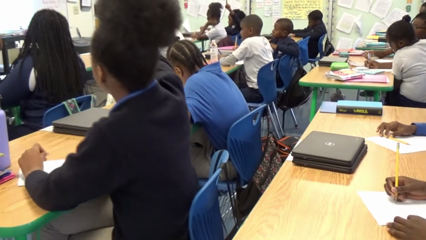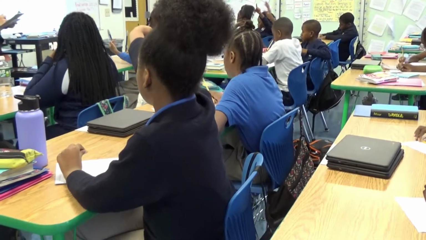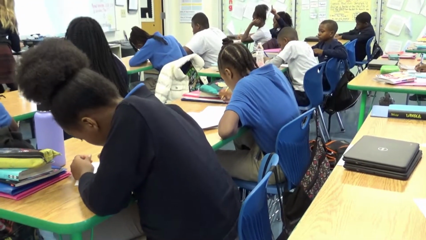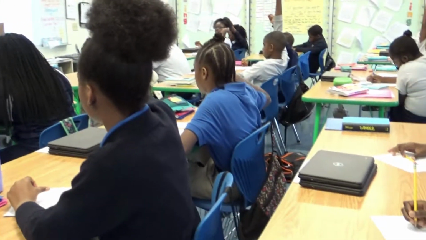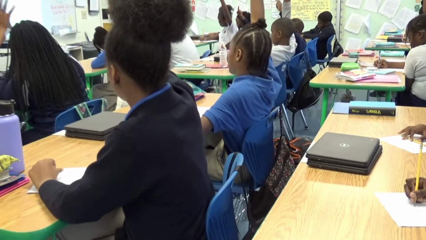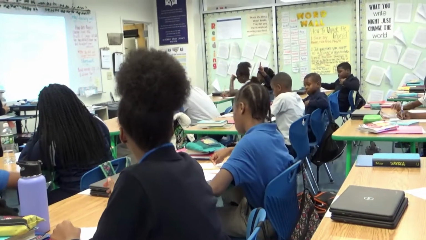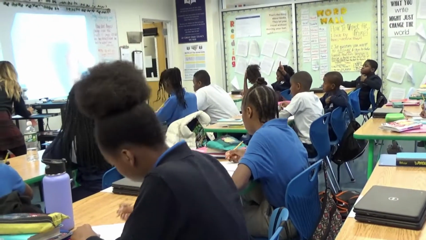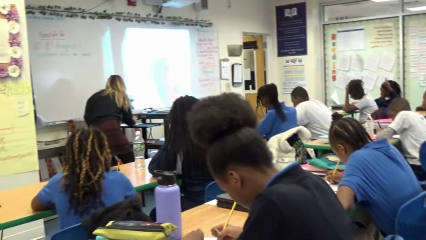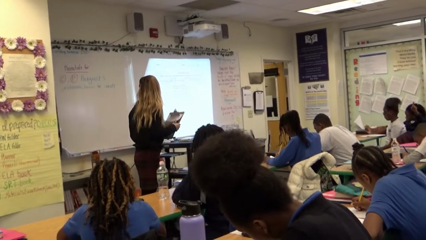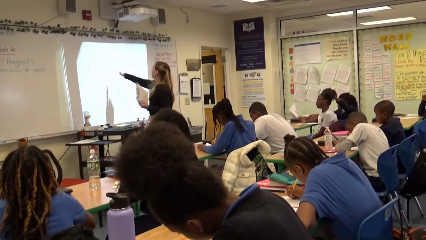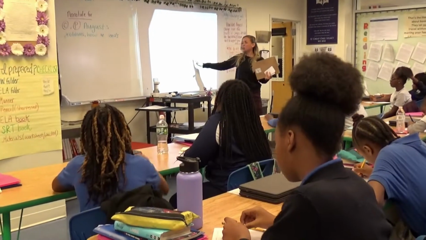How many pieces of evidence? 2. Explain how your evidence supports your claim. Excellent job. So we know what it's asking. We know what to do when we get there.